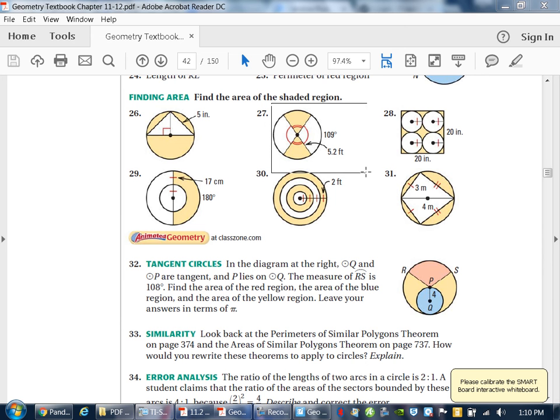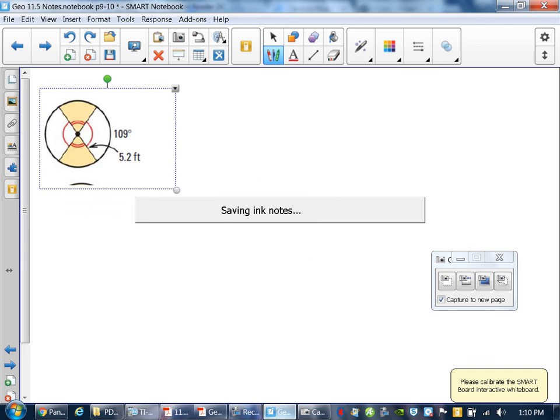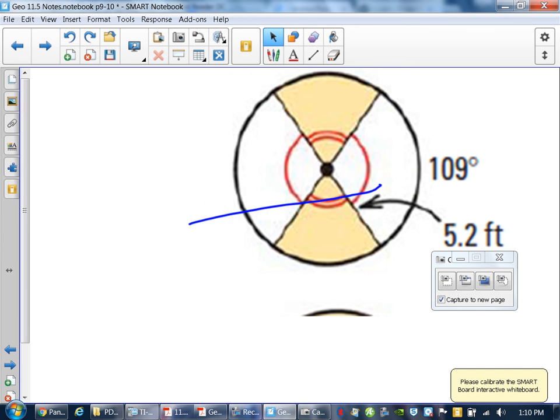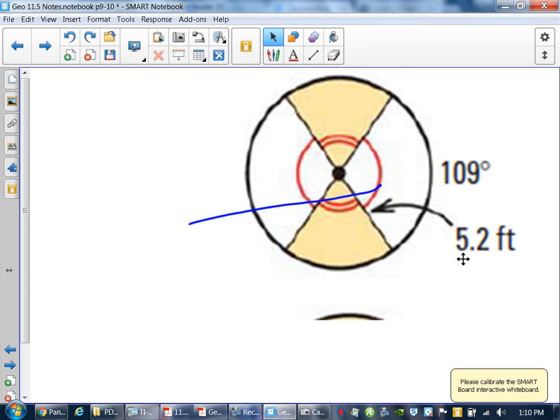Alright, this is the last one I have for you. It's more of an ellipse.